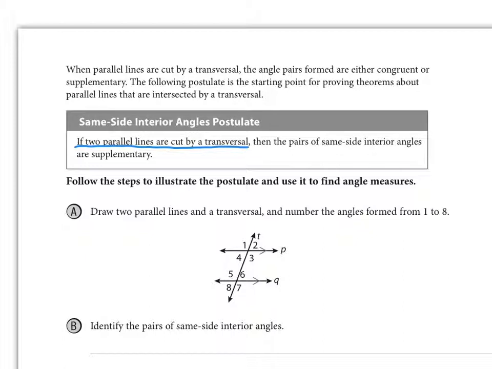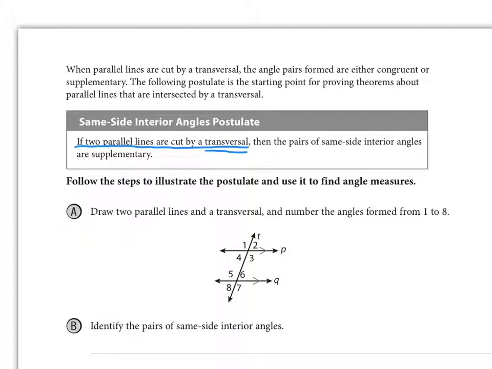That means that it's important that we have two parallel lines. Now, the transversal is just a line that intersects two other lines. So in this diagram, and if you even look on the first page, the line T is the transversal because T is intersecting this one and also this line Q right here. That's what makes it a transversal.